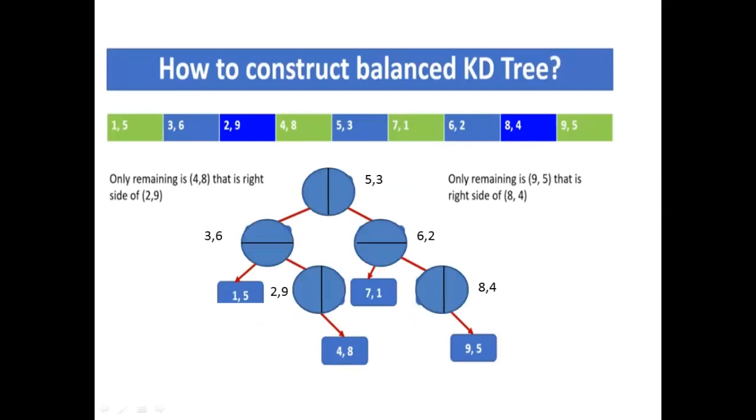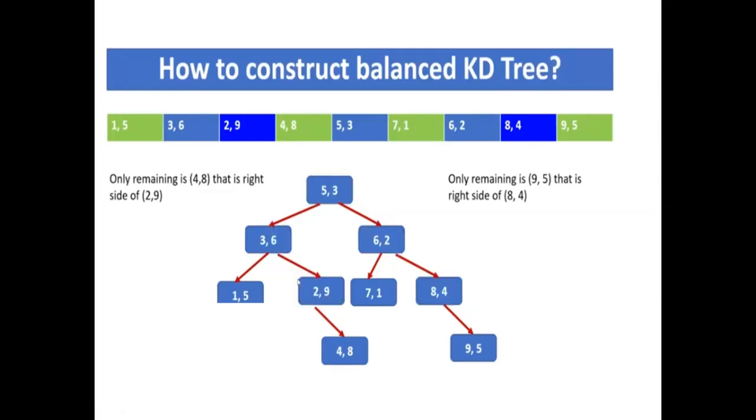So this is the actual way in which we are going to represent the tree. Inside the internal nodes we will only represent the partitioning dimension, whether it's vertical or horizontal. Again remember, vertical is x coordinate, horizontal is y coordinate.